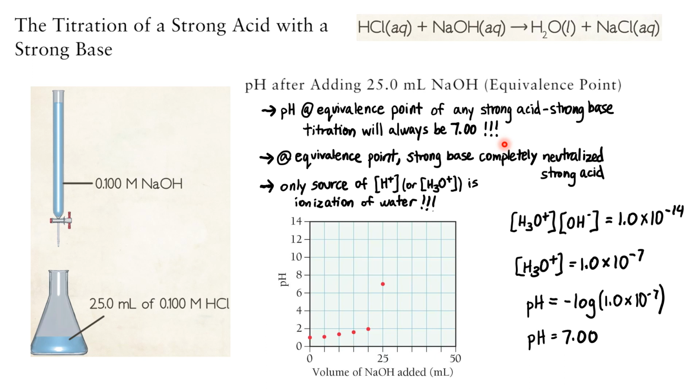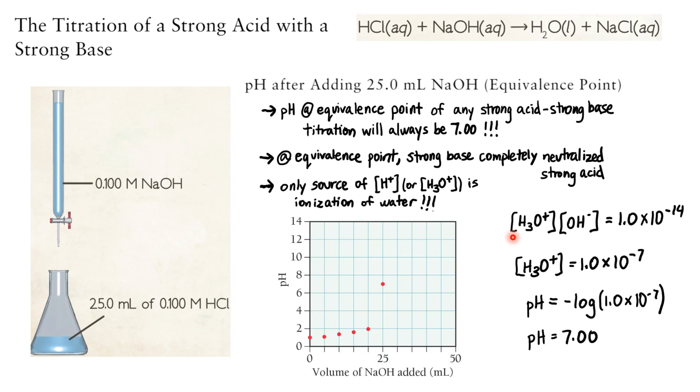And remember, the only way that you can have any H3O with a pH that's 7, well, basically you just have water, pure water. The only H3O concentration you get from pure water is the autoionization of water, which is just water reacting with water, right? And when water reacts with water, you make H3O plus and OH minus, and you make very little of it.